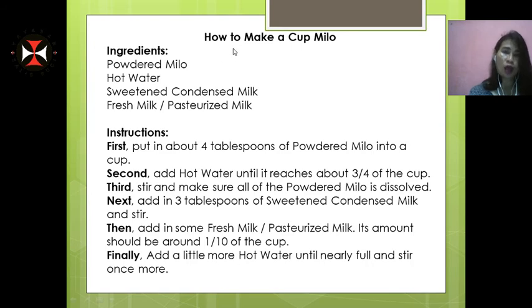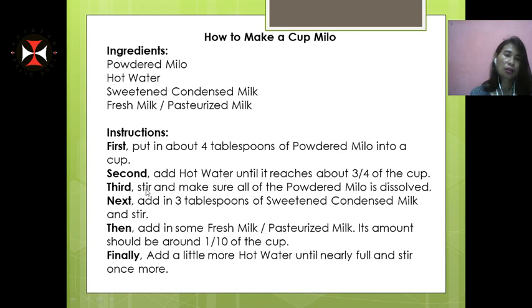The title is How to Make a Cup of Milo. Ingredients: powdered Milo, hot water, sweetened condensed milk, fresh milk or pasteurized milk. Instructions: First, put about 4 tablespoons of powdered Milo into a cup. Second, add hot water until it reaches about 3/4 of the cup.